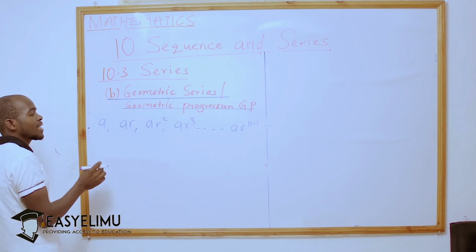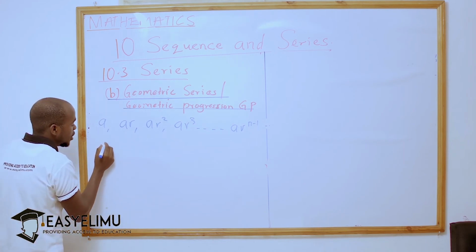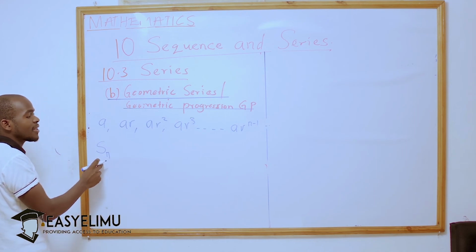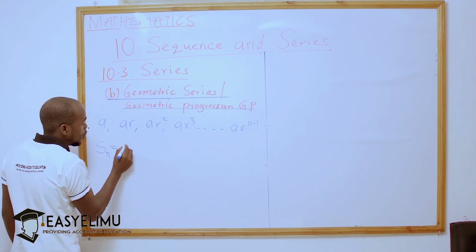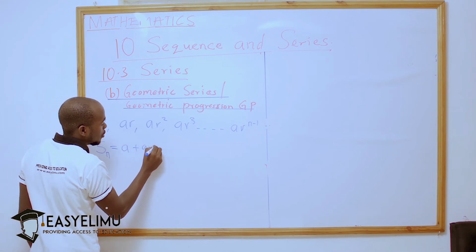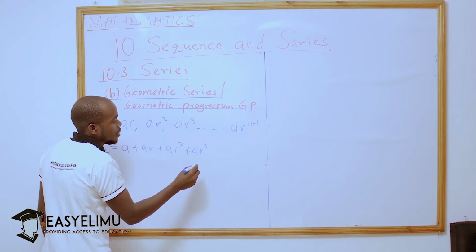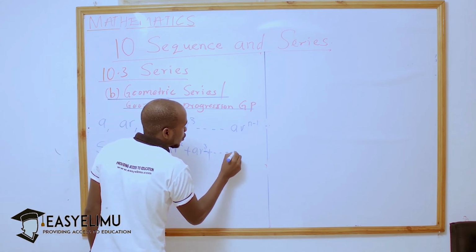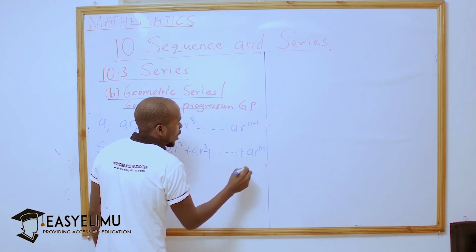If we want to generate a geometric series or a geometric progression from that, then it means we shall be finding Sn, whereby n is the number of terms which we want to find. Now it will be equal to A plus AR plus AR squared plus AR cubed, so we shall continue adding up to the addition of AR raised to n minus 1.